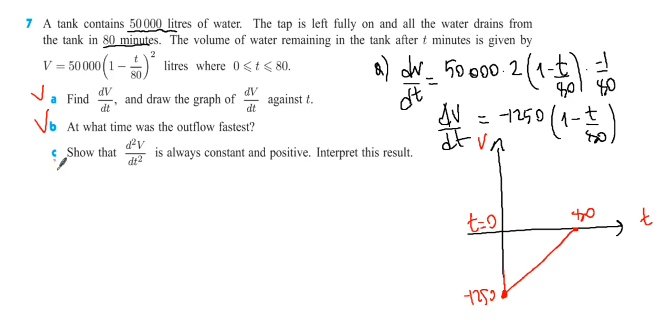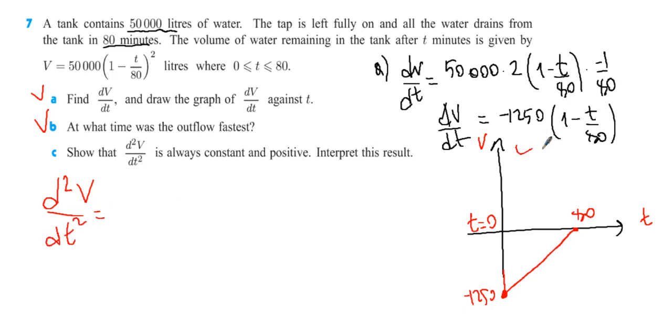And in part C, find the second differentiation here. We just need to find the second derivative. It's always constant and positive, and we need to show it. Let's do it. It just means taking the derivative of the first derivative.